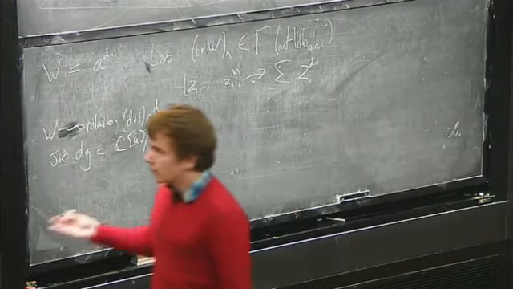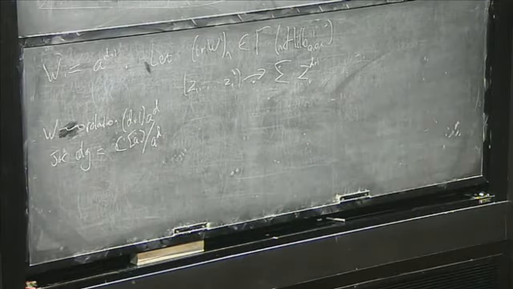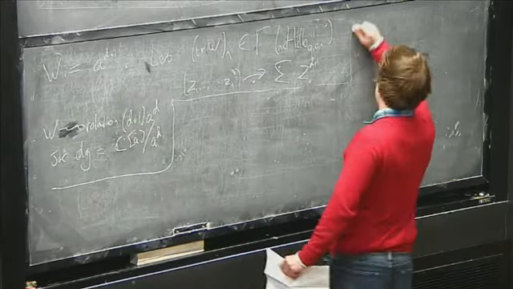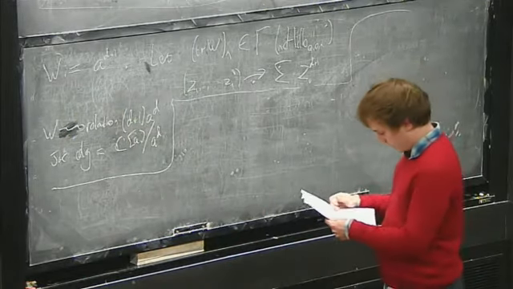We want to look at moduli of representations of this Jacobi algebra. So let me just define things as before.